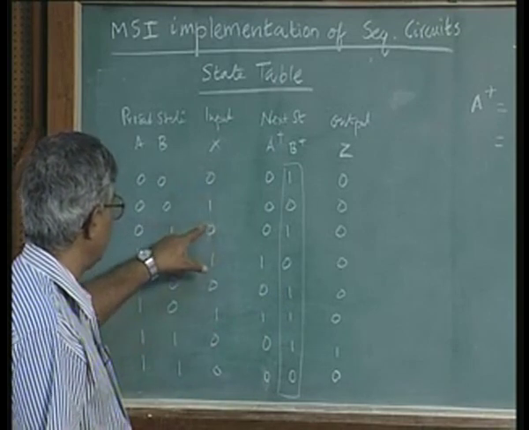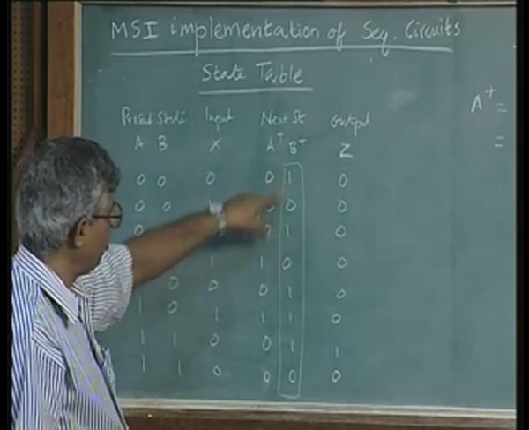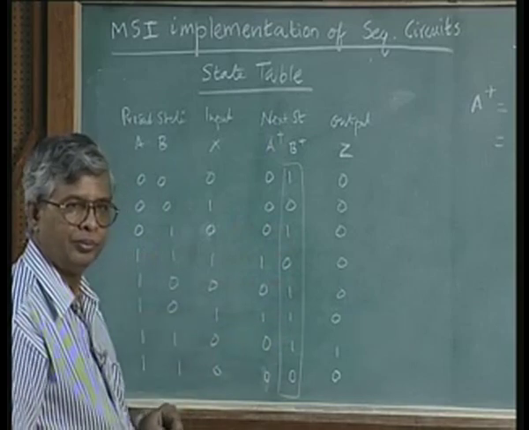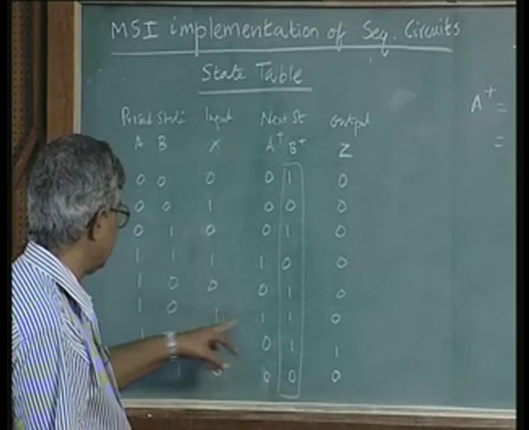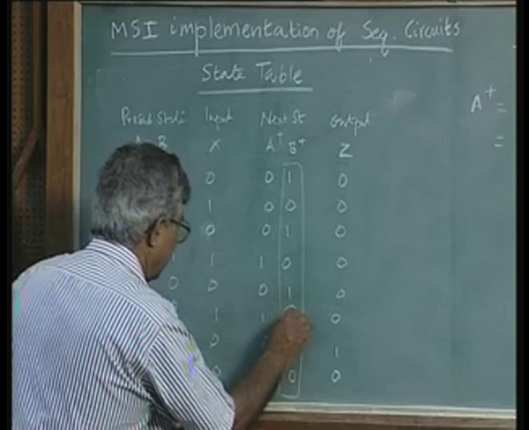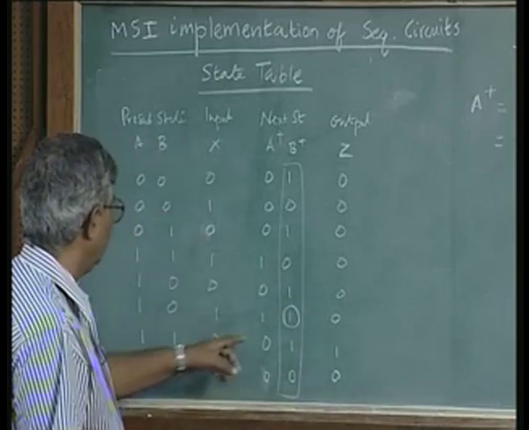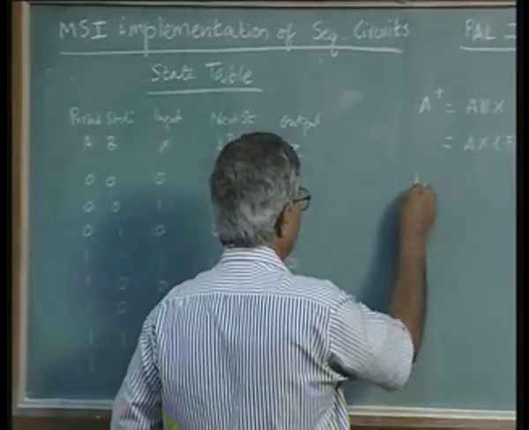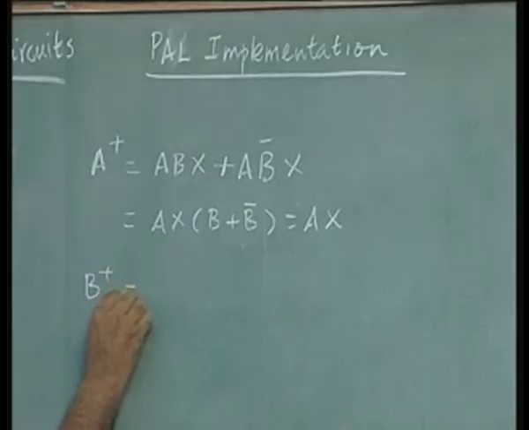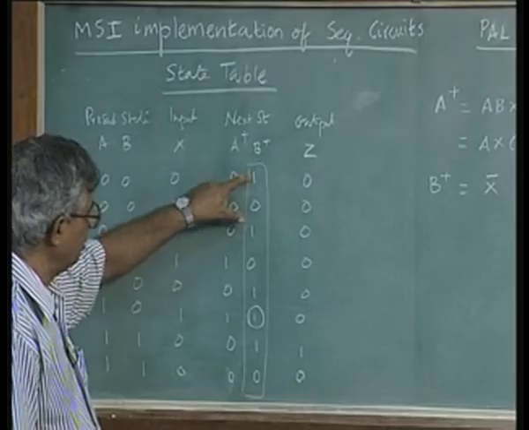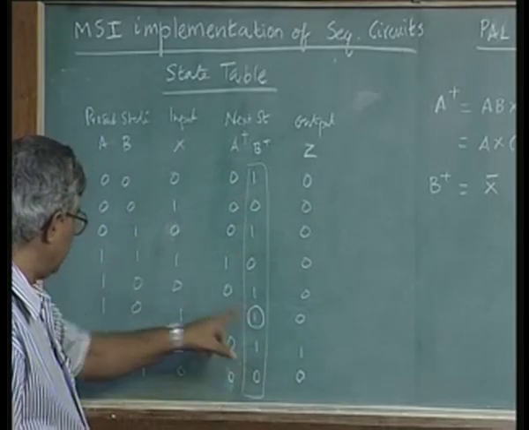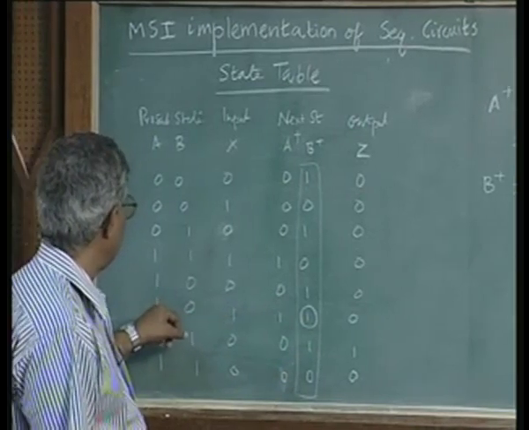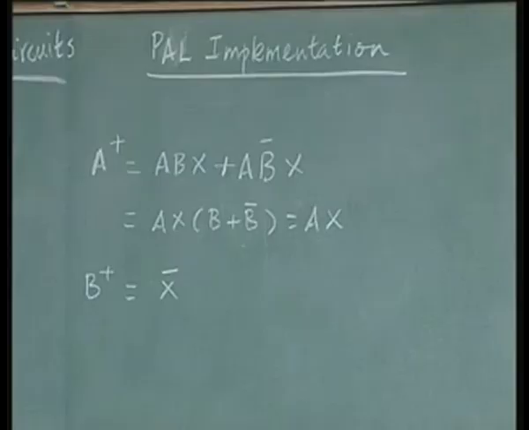So, whenever X is 0, I get B plus 1, plus there is an extra term here, 1 0 X. So, my B plus would be X bar, since whenever X is 0 it is 1. In addition, I have one more term, which is A B bar X.